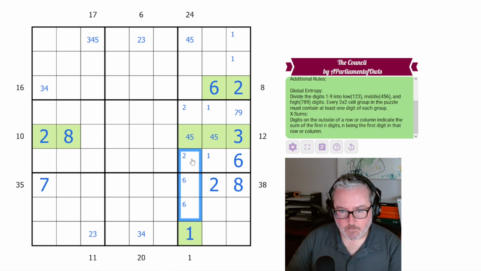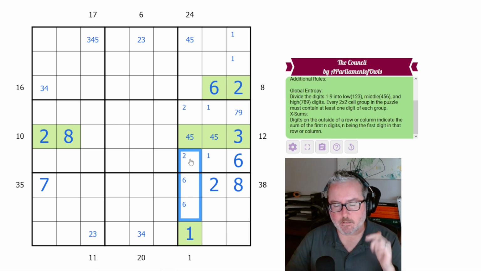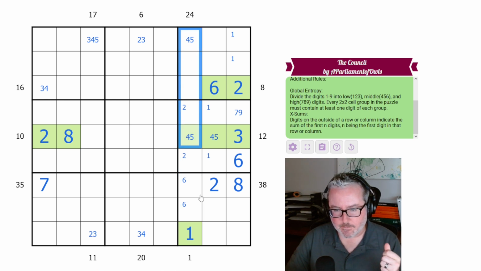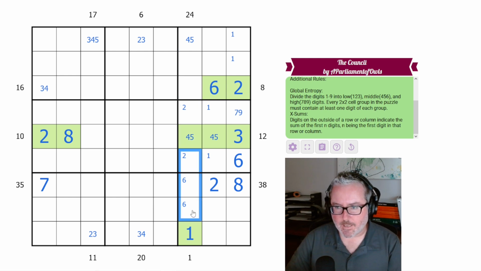Is there any other way to make it 8? Would not be able to work with the 6, because in that case it would be the 866. What if it has 7 on it? 7, 6, 7 doesn't work. So there's no way to make it work if this is a 5, because these guys can't ever come to an agreement on how to make a 20 without using double digits.